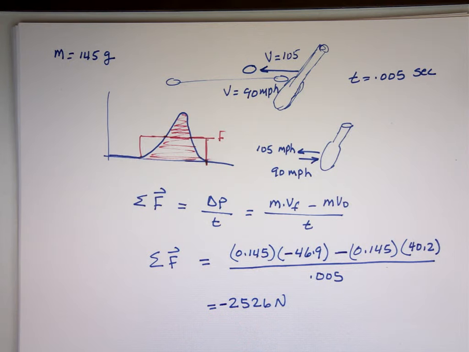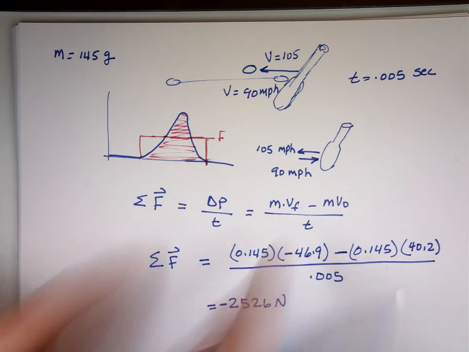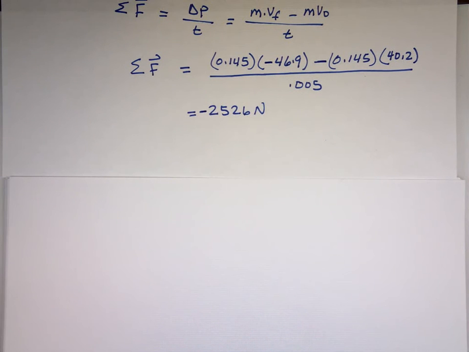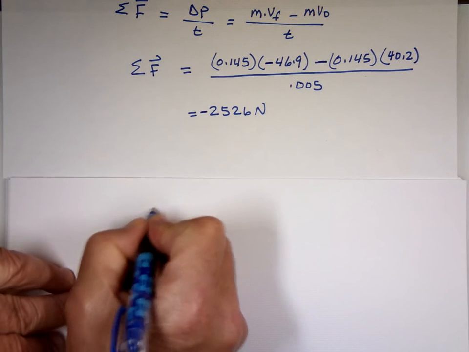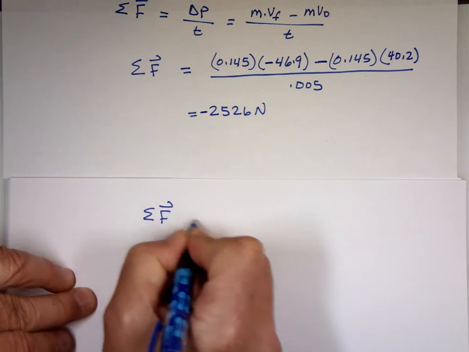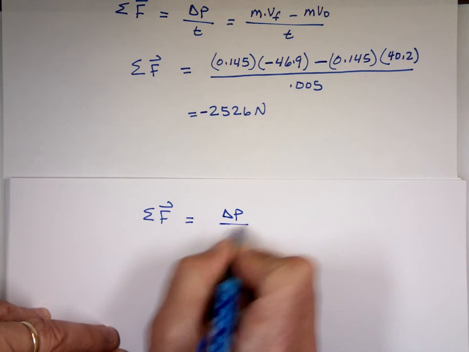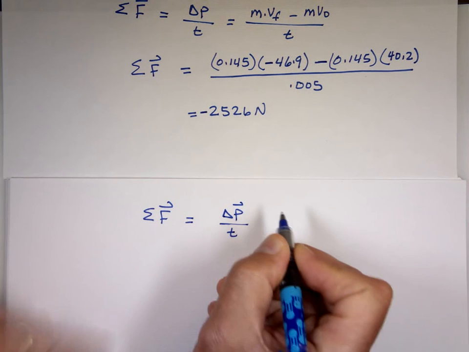Now let me look at that equation here again one more time. The average force, we said, equals the change in linear momentum divided by t. Now I don't like fractions.